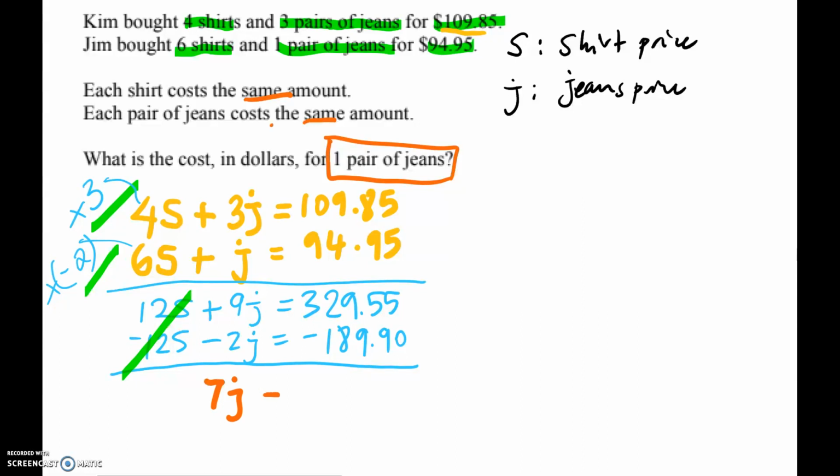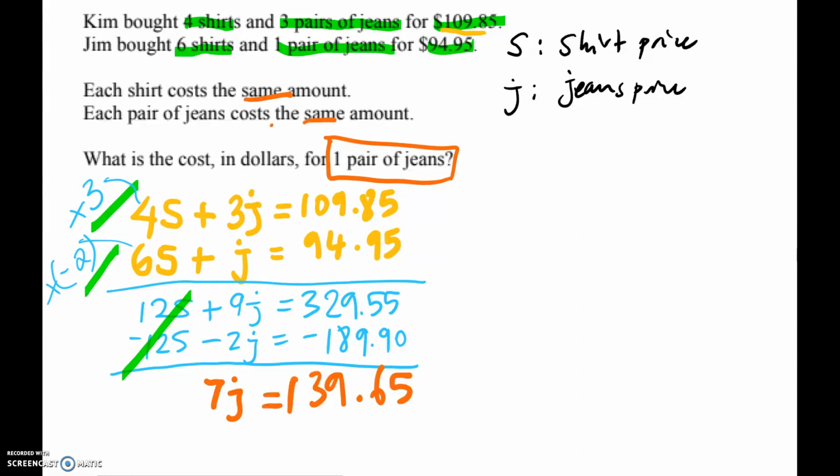9J minus 2J is 7J equals, let me find this difference, $329.55 minus 189.90, which is 139.65. So I need to divide.